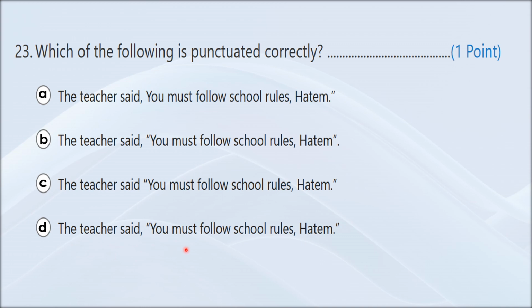Of course, this is the same sentence, but we have different punctuation marks. Only one is right. A, B, C and D are exactly the same sentence. The difference is in the punctuation marks; all are wrong except one.